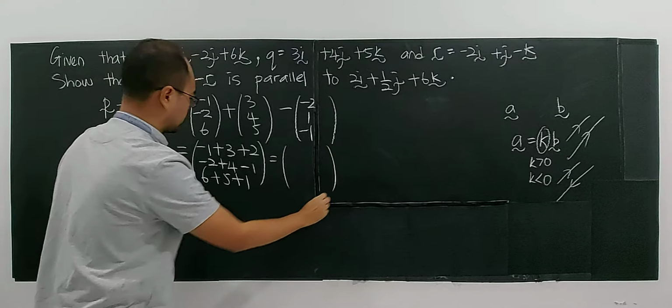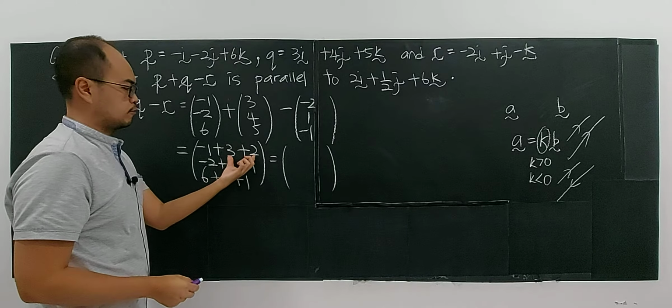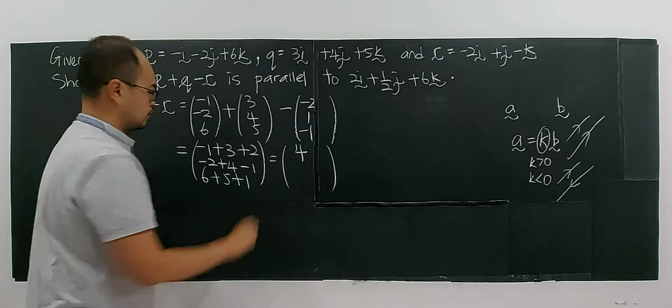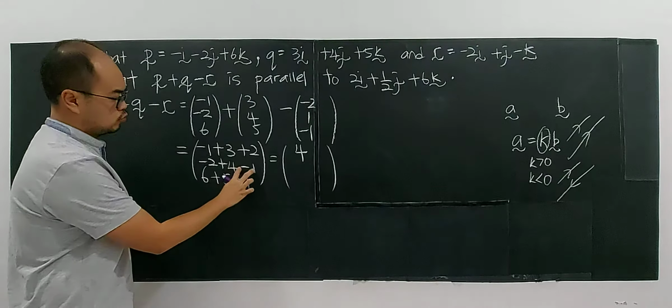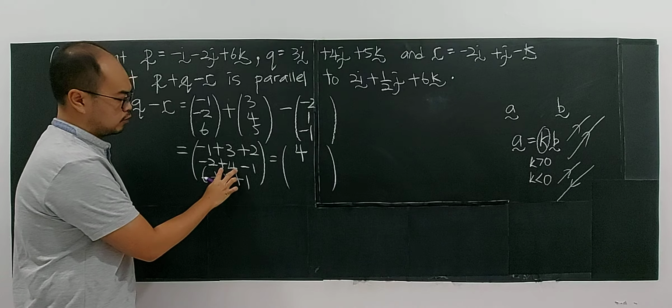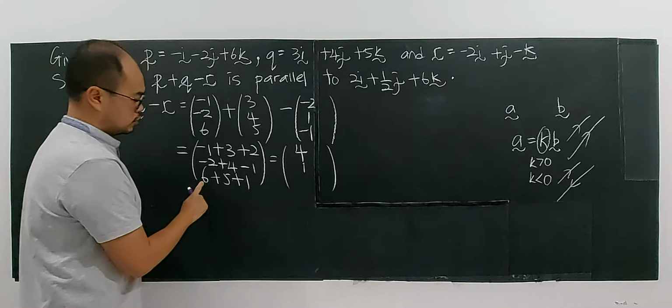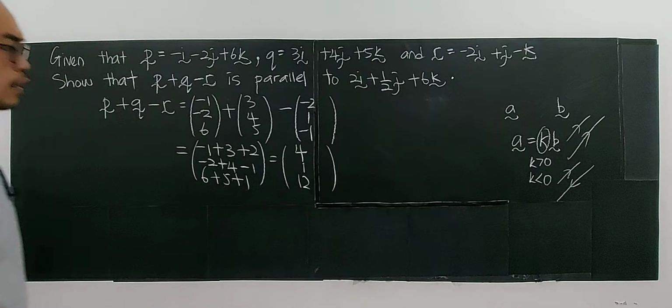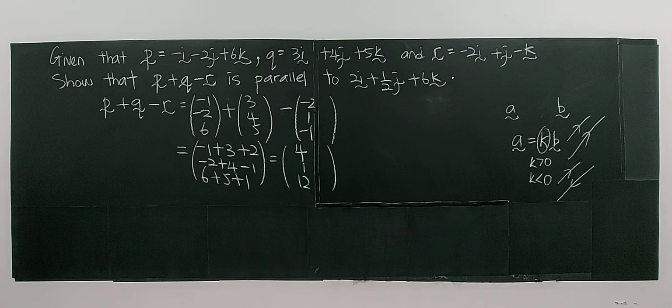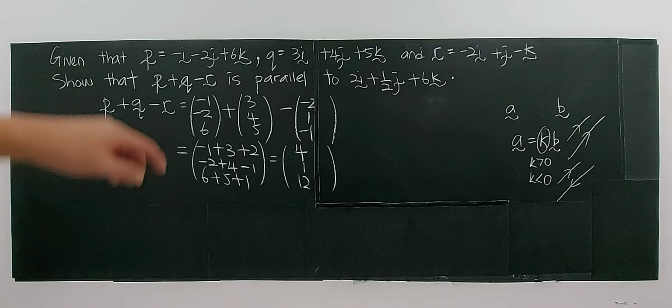Let's check what we get. 5 minus 1, you have 4, and 4. Then -2 plus 4 is 2, and 2 minus 1, you have 1. Then 6 plus 5 is 11, 11 plus 1, you have 12. So we get 4, 1, 12.